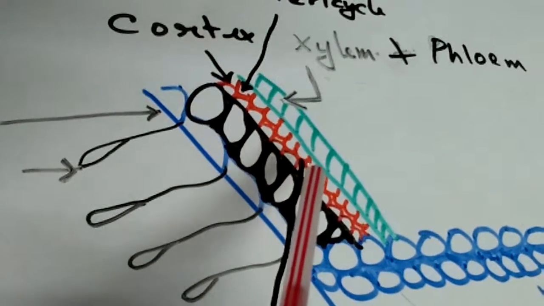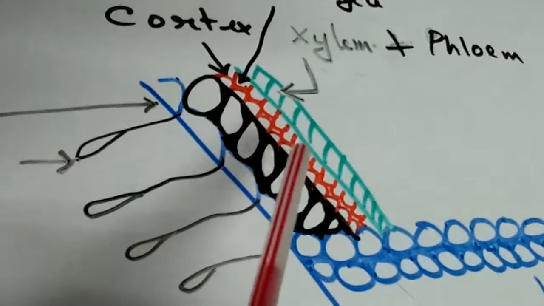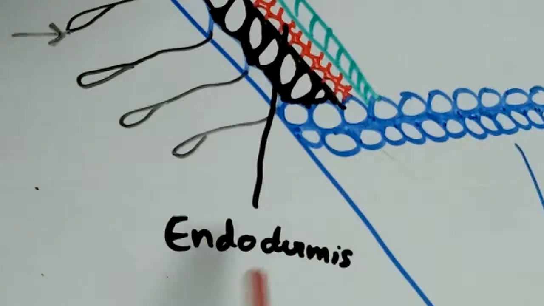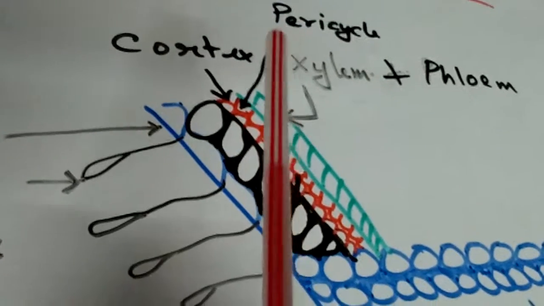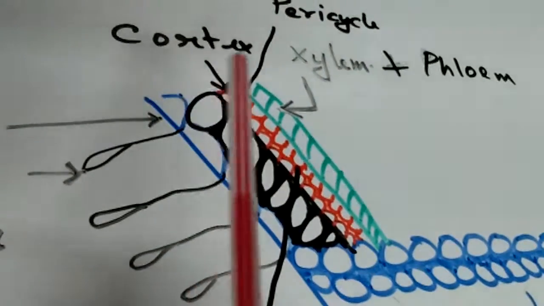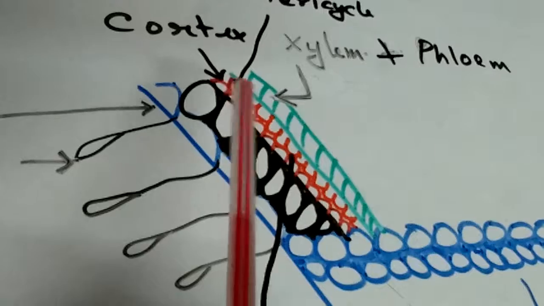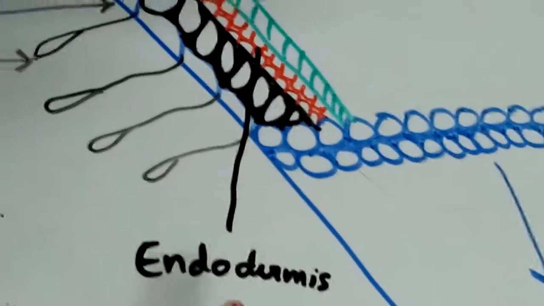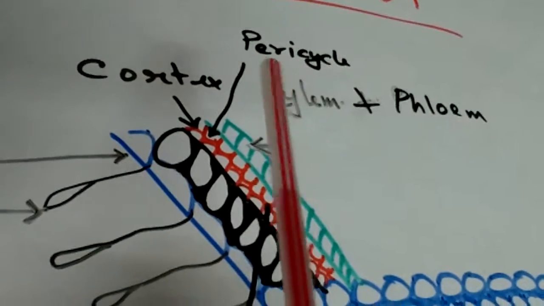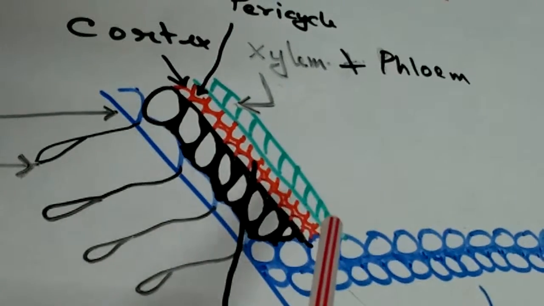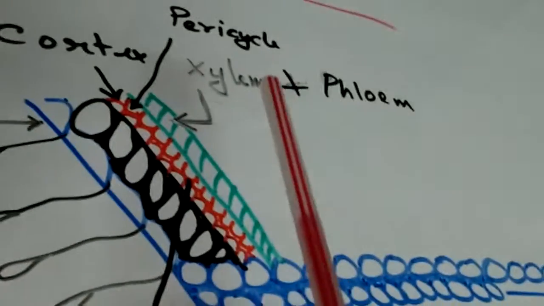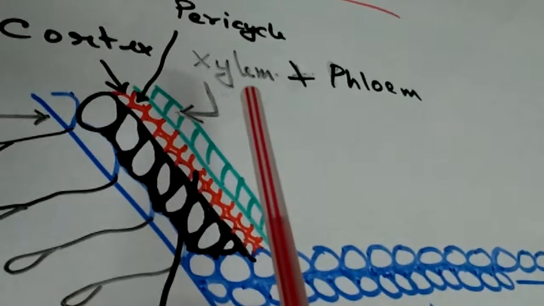The middle portion, which is not very prominent here, is the endodermis, and the inner portion is the pericycle. So the cortex is the outer portion, then the middle portion is endodermis, and the inner portion is pericycle. The green patch here represents the combination of xylem and phloem.